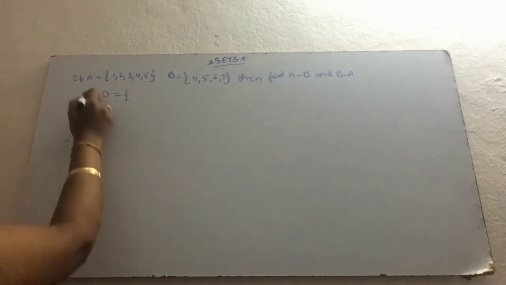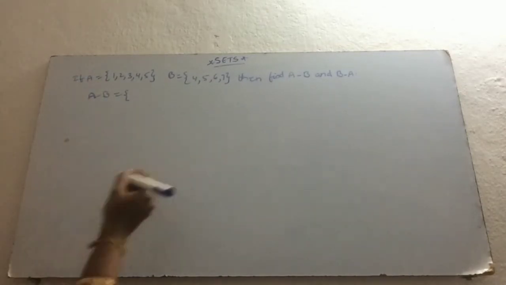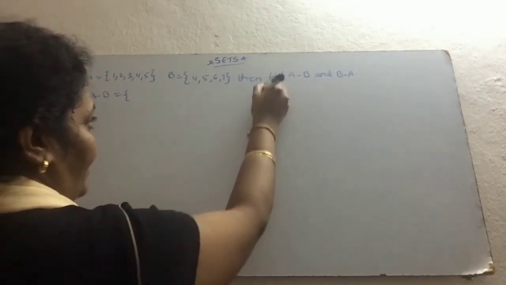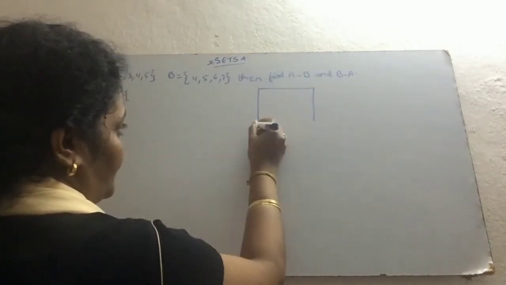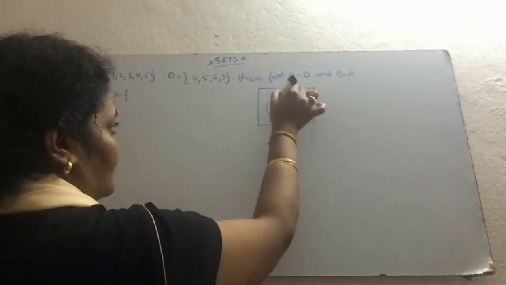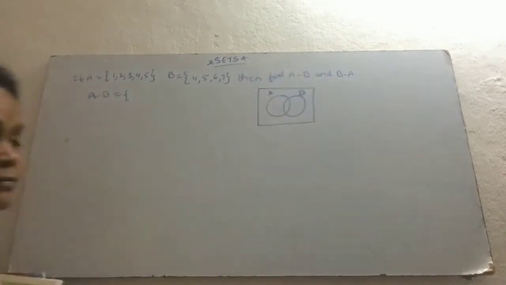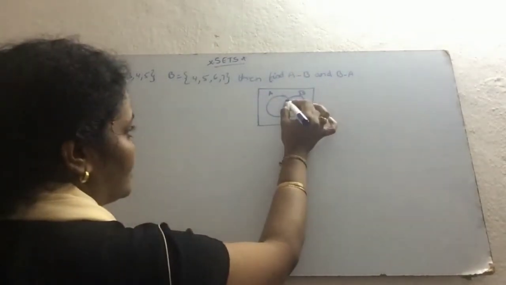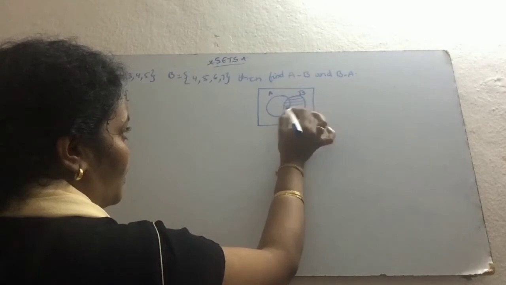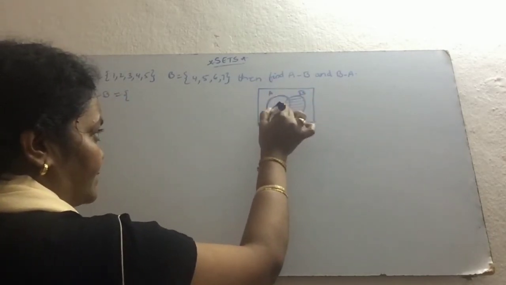A minus B means, suppose if we take the Venn diagram, this is A and this is B. A minus B means only this part.